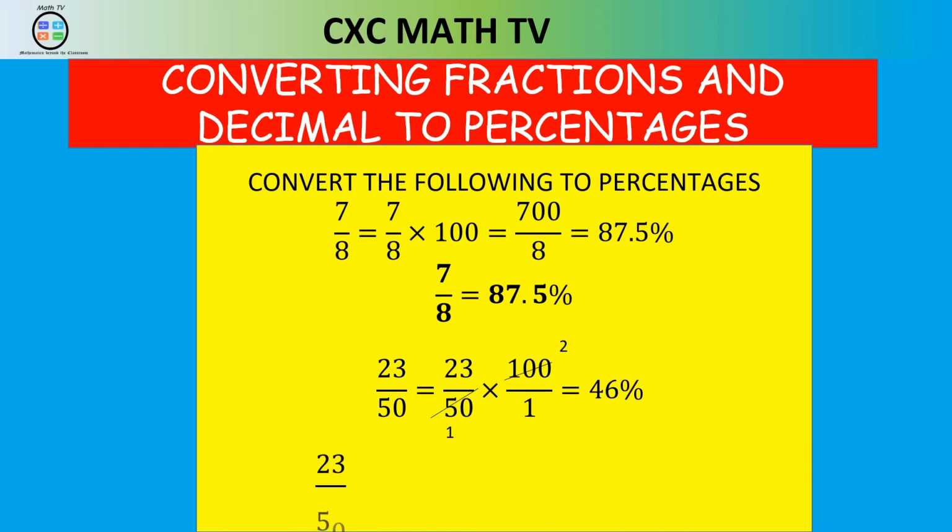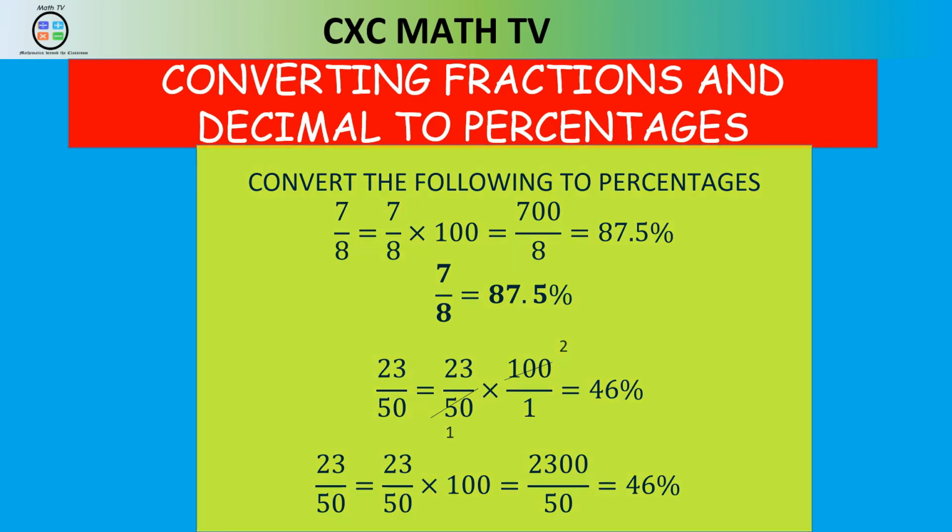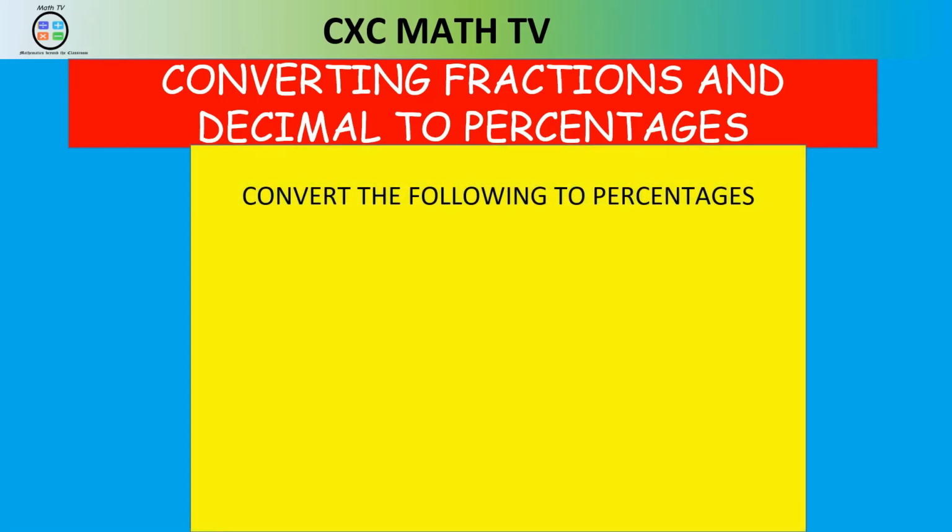Now, if you don't like that method of canceling out, you can always just multiply 23 times 100 to get 2,300 and 50 times 1 to get 50, and then do your long division. 2300 over 50 is still 46. So that's 46%. Likewise, you do the last one. 116 over 54.